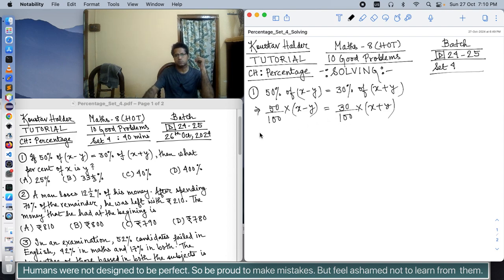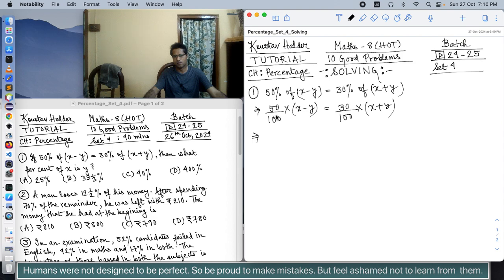Now you can do a little bit of cancellation, that is, we can divide both sides by 1 by 100, because 100 is in the denominator on both sides. Also, we can factor out 10 from 50 and 10 from 30, and cancel that factor.